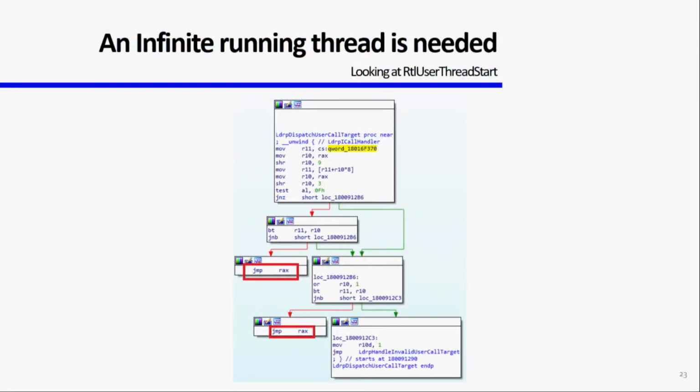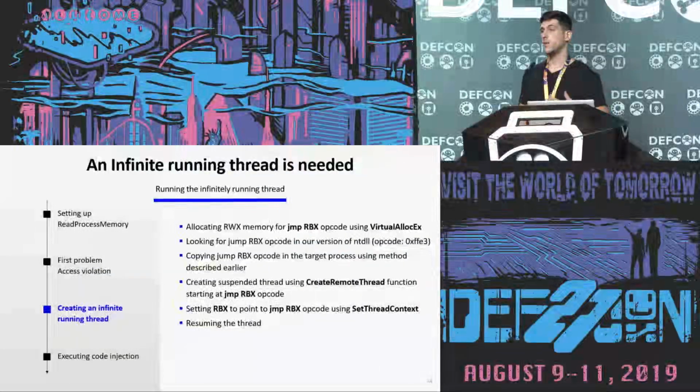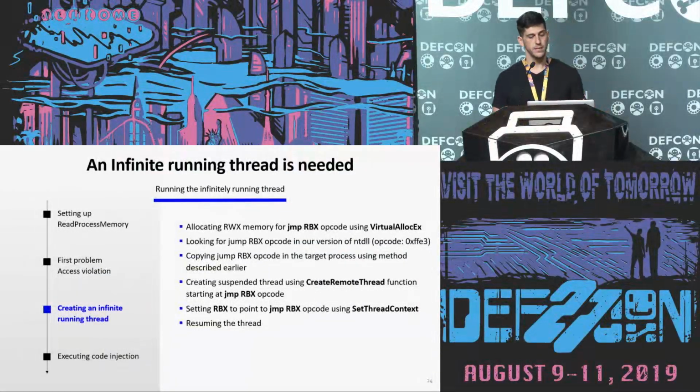And I guess you haven't seen it, but RBX was never used here. RBX was never changed during this time. So we are going to abuse that, and we're going to use the opcode jmp RBX to make the infinitely running thread.